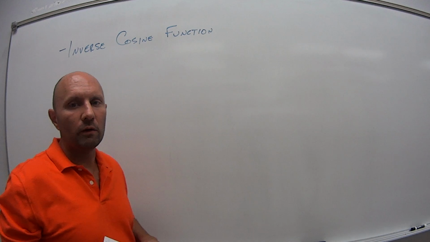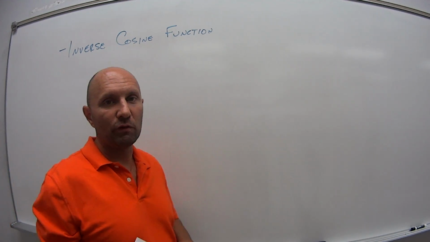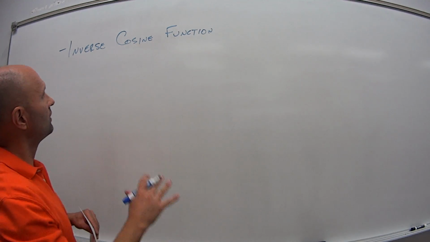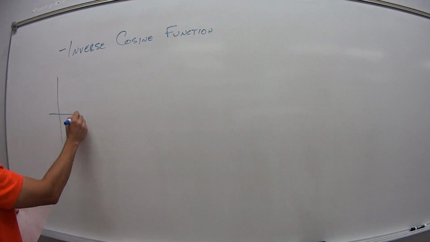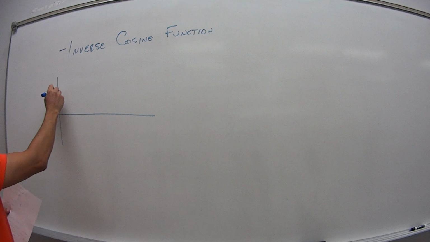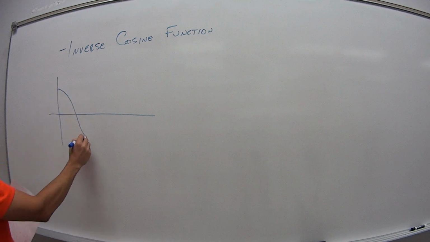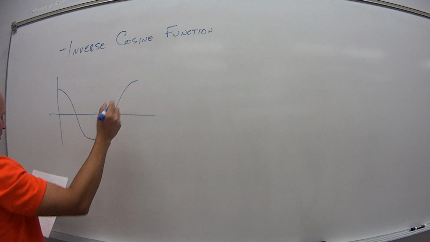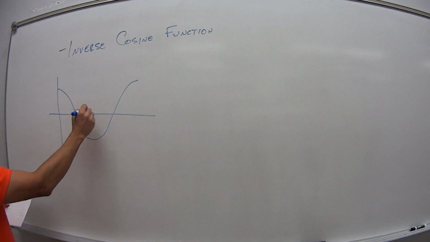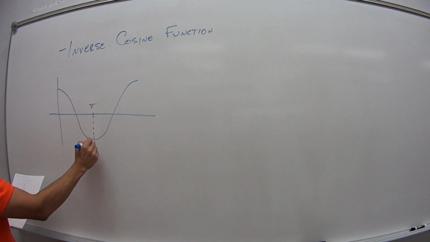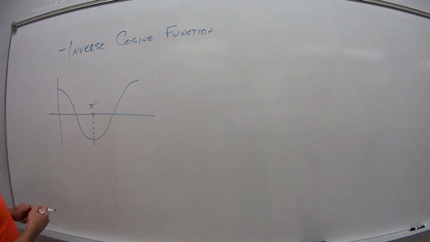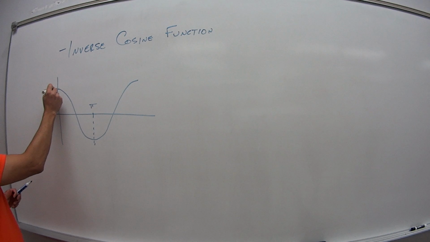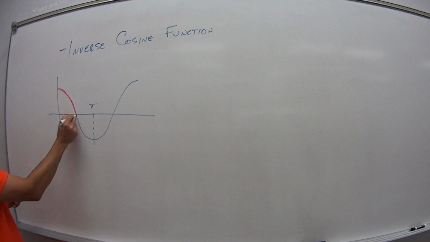So in video 1 of section 5.5, we looked at the inverse sine function. Now with the cosine function. For this one, if we look at our basic cosine curve, the first half of one period of the cosine function takes us from 0 down to pi.